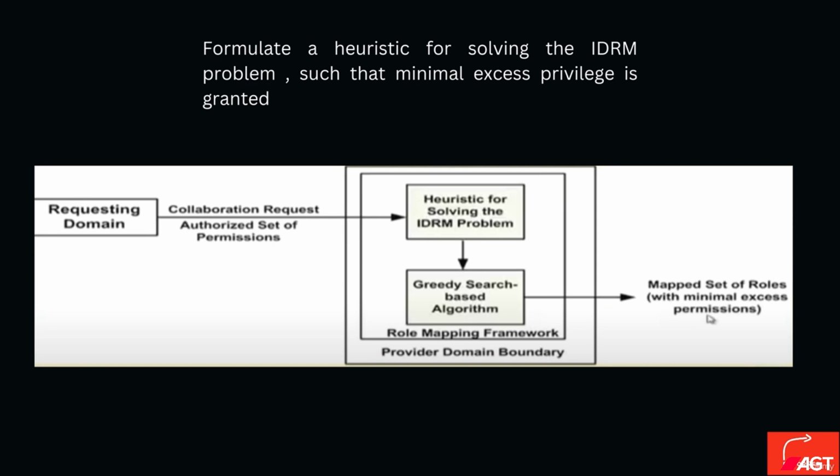Overall, these considerations highlight the significance of access control in a collaborative cloud environment and the need to put policies in place to make sure users only receive the necessary permissions. This can be accomplished by implementing a secure, distributed collaborative framework that can detect and resolve excess conflicts in real time, as well as heuristics or algorithms that can address the domain role mapping problem.